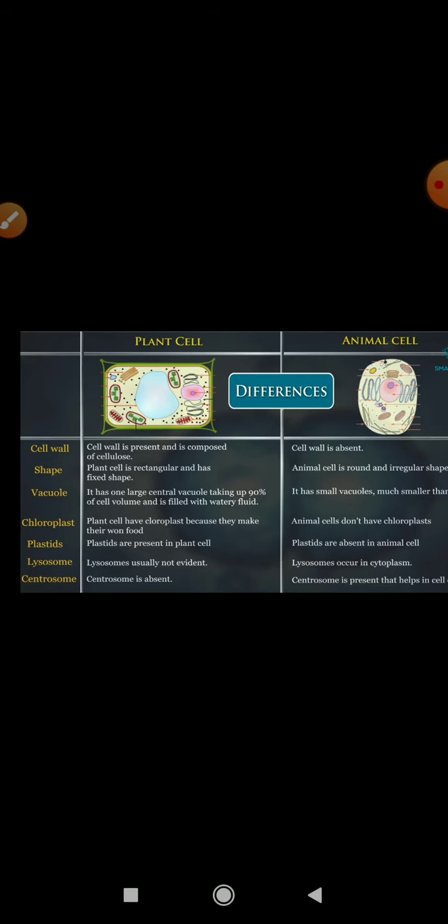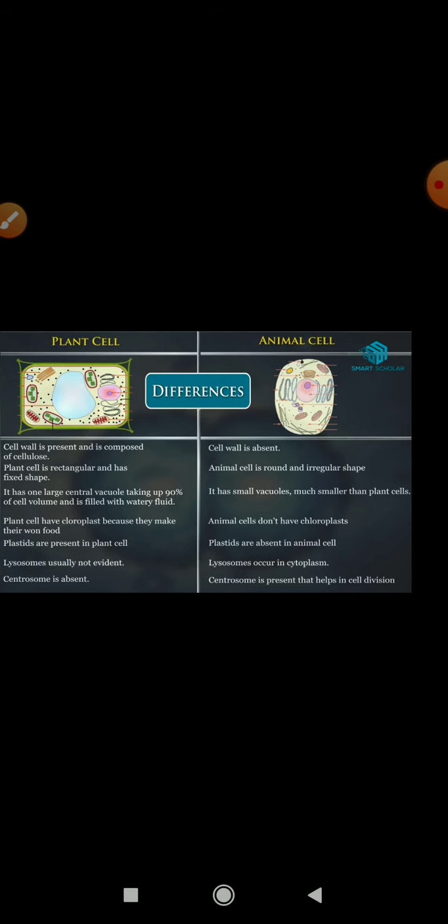Centrosome helps in cell division. After reproduction, the cells divide to form new ones through the processes of mitosis and meiosis; that phase we call cell division. So centrosome is absent in plant cell and present in animal cell.